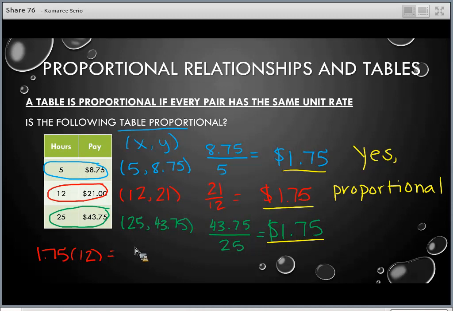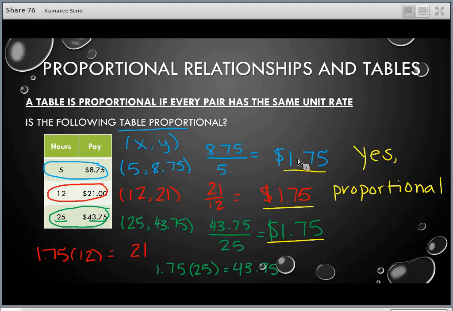I get 21, which is my y. For the bottom one, let's try this one. If I take 1.75 and multiply it by my x, which is 25. 1.75 times 25, I get 43.75, which is my y.